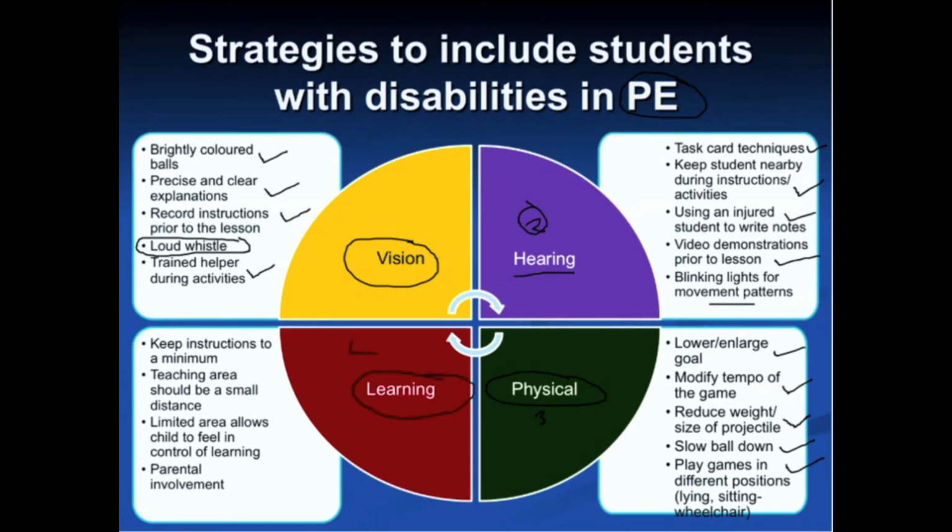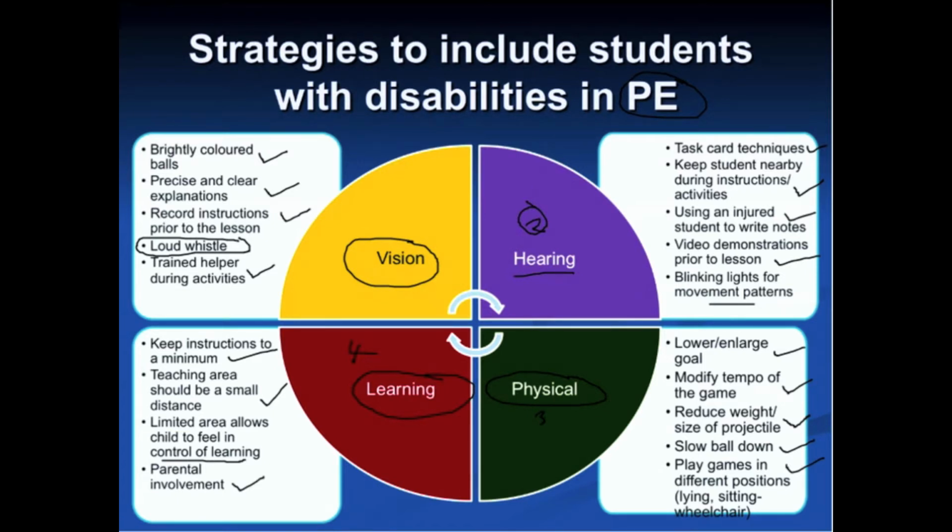And the last one there, number 4, learning. So what happens if you've got students that might have special learning needs? Keep instructions to a minimum and don't overload the students within your class. The teaching area should be a small distance to be able to manage the learning, and that allows them to feel in control of their learning if they're within a limited smaller area, and perhaps getting the parents also involved in some of the activities.